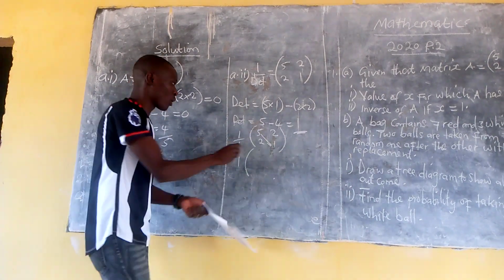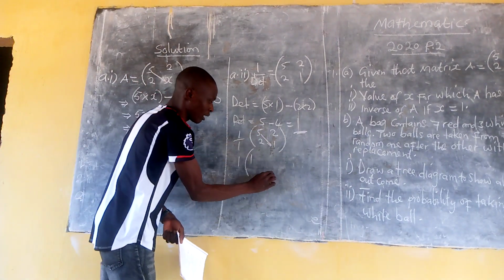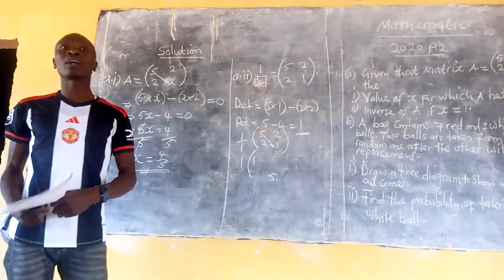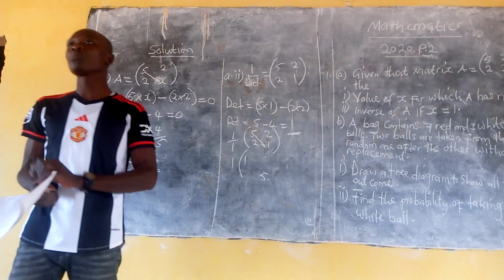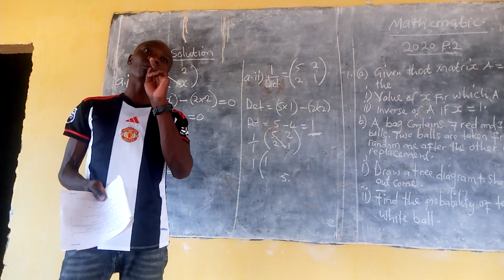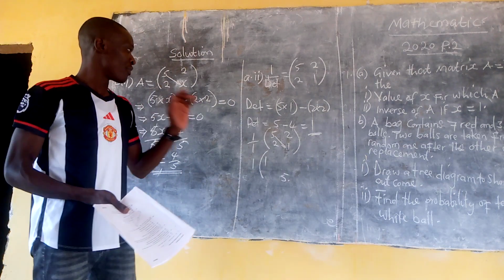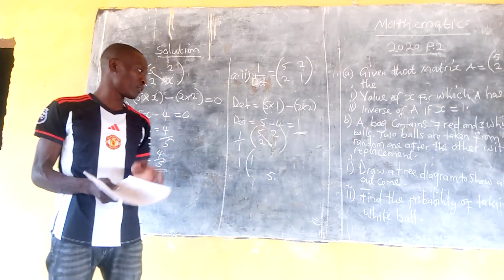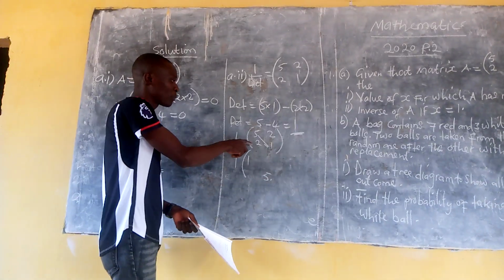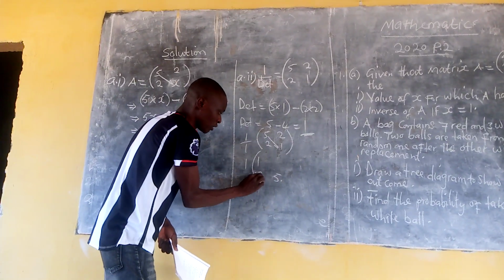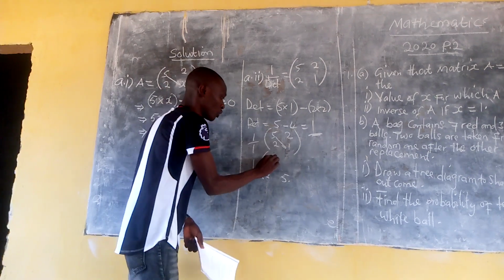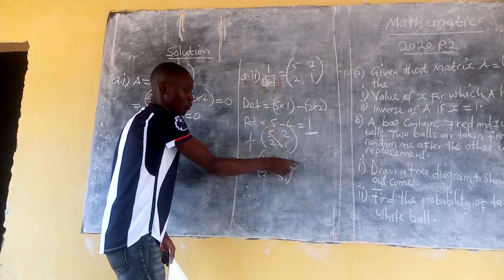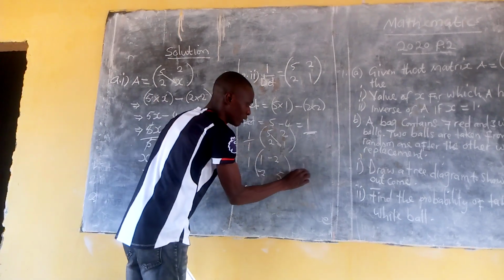So this will be 1, and this is 5. And the numbers in this other direction are going to be multiplied with a negative sign. So negative multiplied by 2 is negative 2, and negative multiplied by 2 is also negative 2.